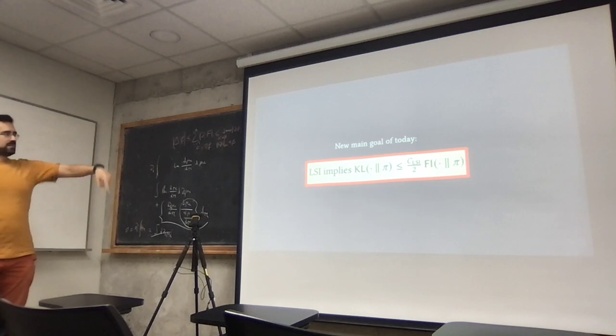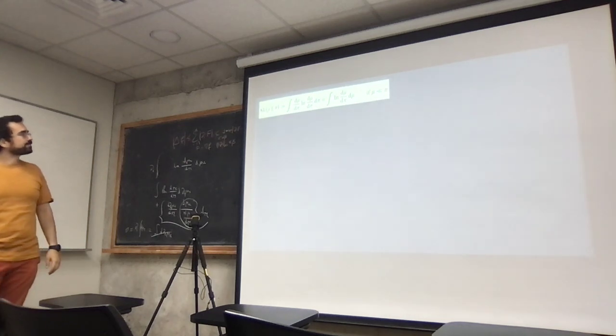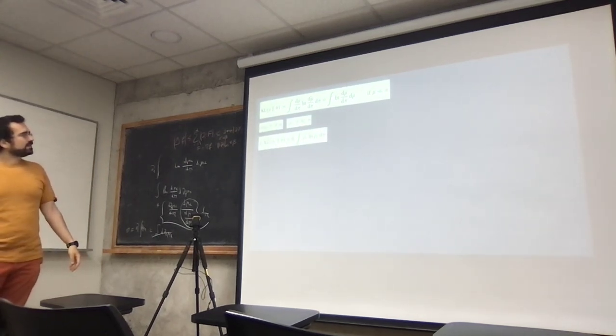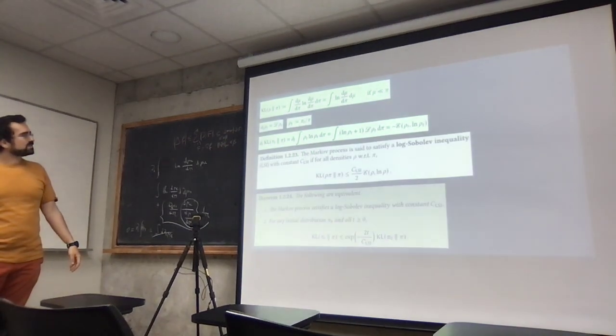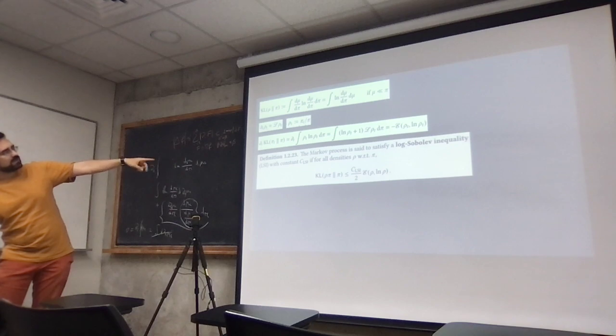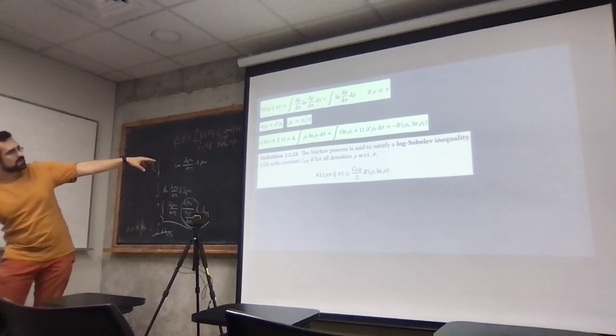And this content comes from a previous chapter of the same book. And so again, KL is this, and let me just slowly, like a spoiler, get to the Log-Sobolev inequality in general. What is the definition for a Markov process?